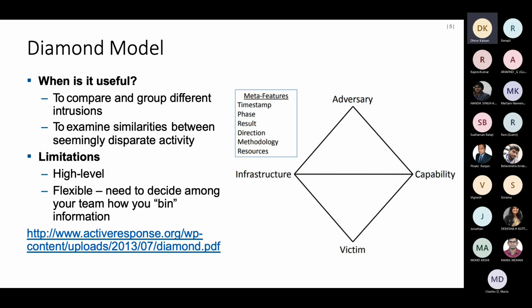Capabilities are the way that they will actually infiltrate your network or launch an attack on you. Infrastructure is where they will be hosted. What kind of infra do they have at the back end?